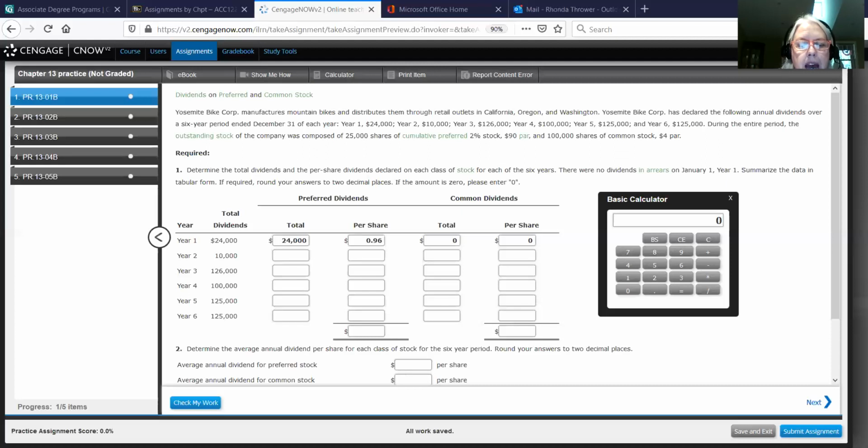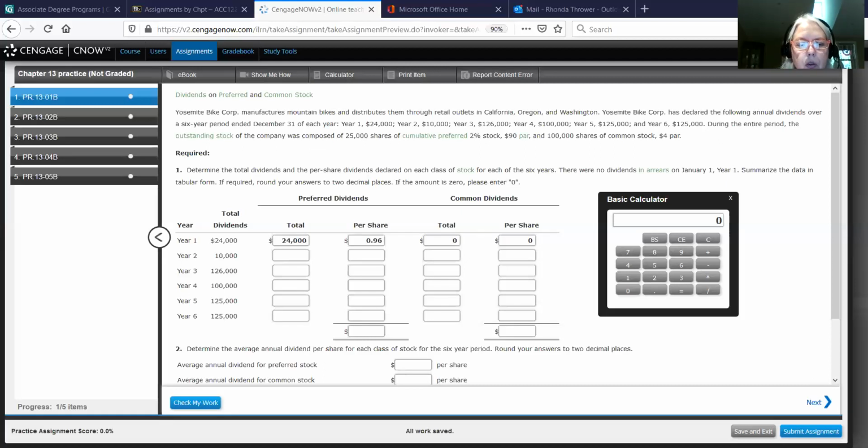So we're going to add the dividends in arrears from last year, from year one, 21,000, to the amount of the dividends that we owe this year, and the total amount of dividends that we owe to our preferred stockholders will be 66,000.